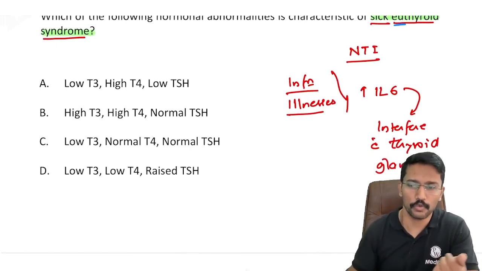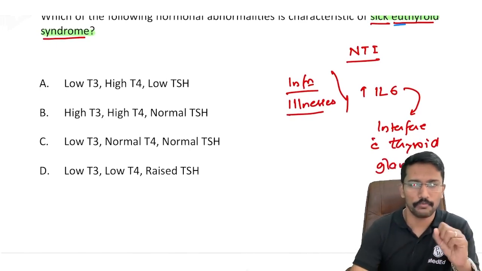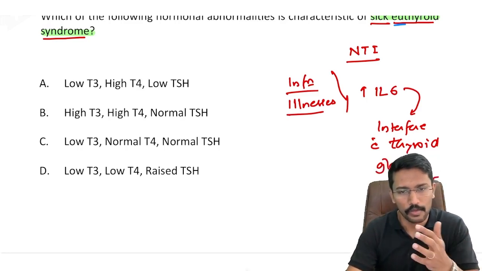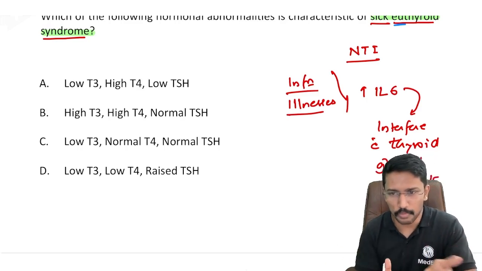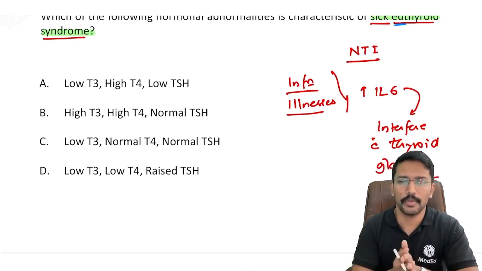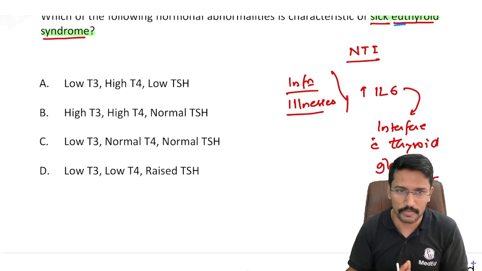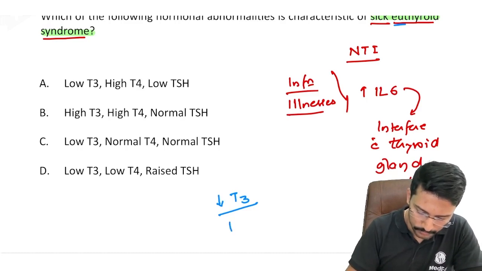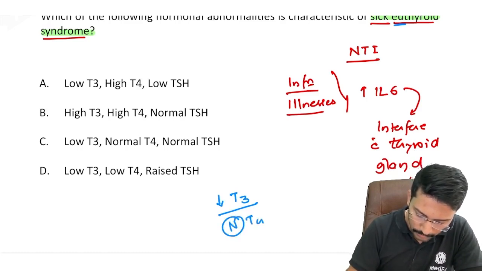In some patients you may have low T3, T4, and slightly elevated TSH, and various permutations and combinations are possible. But typically the most common pattern that we see is where you have decreased T3, normal T4, and normal TSH.